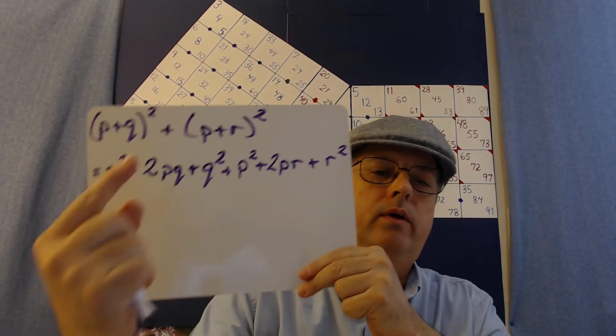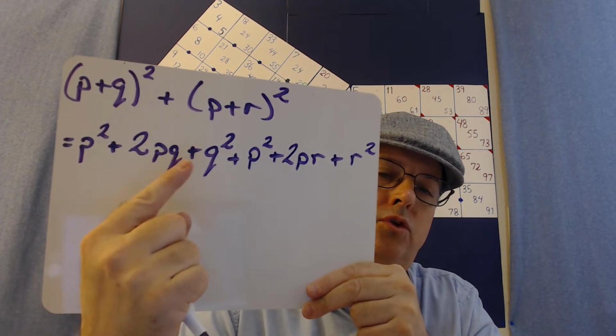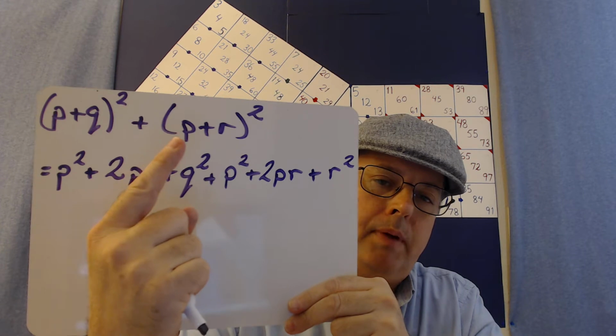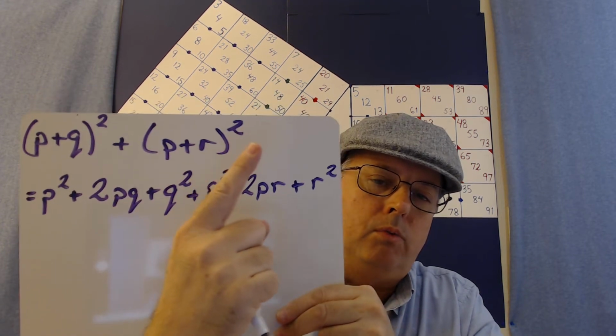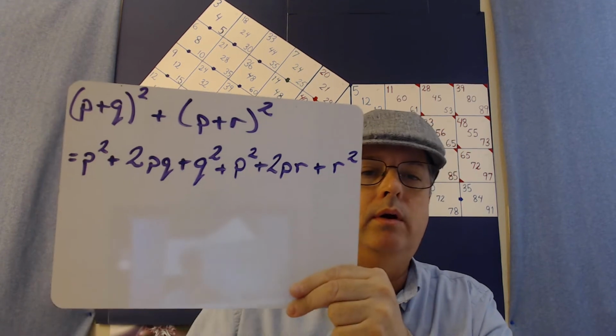And then p plus r squared will be p squared plus 2pr plus r squared. Okay, so when we expand the p plus q squared, we get p squared plus 2pq plus q squared. And when we expand the p plus r squared, we get p squared plus 2pr plus r squared.